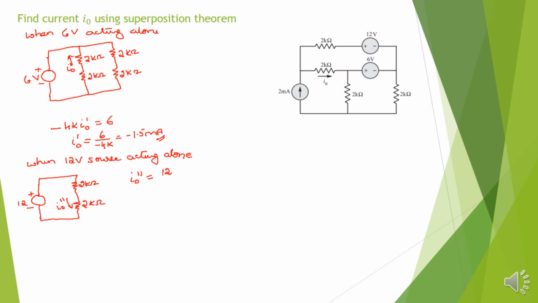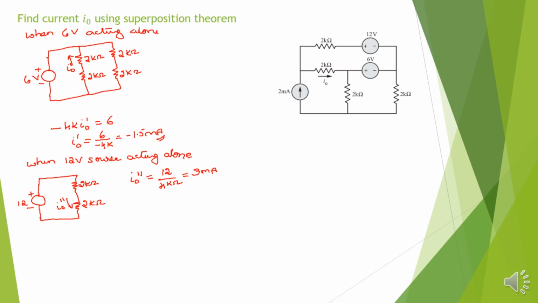The source current itself acts as I naught double dash. So it is equal to 12 by 4 kilo ohm, which is equal to 3 milliamps. Though it looks complicated, I made it very simple because after shorting, this resistance becomes 0. The effect of this resistance is 0. So I naught double dash is 3 milliamps.